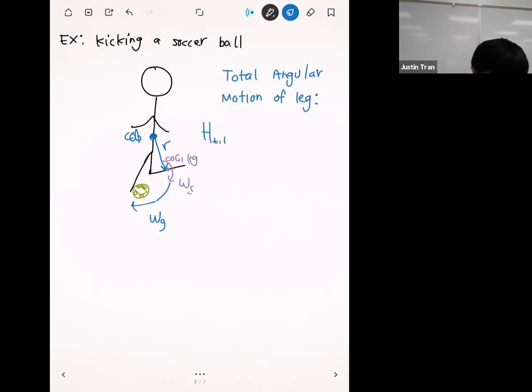So what we can say is that H total is equal to, first, I_s omega_s. This term right here is the local term, the rotation of the leg itself around its own center of gravity.